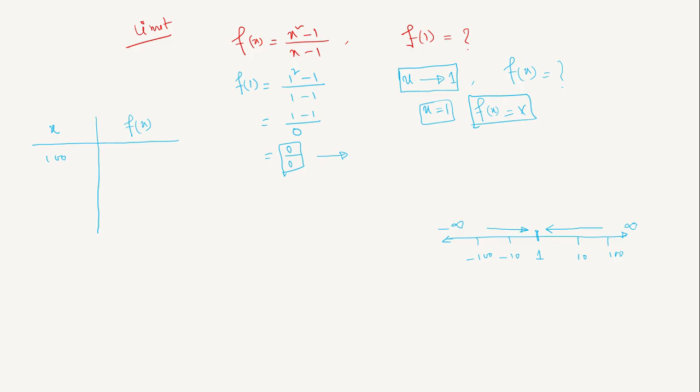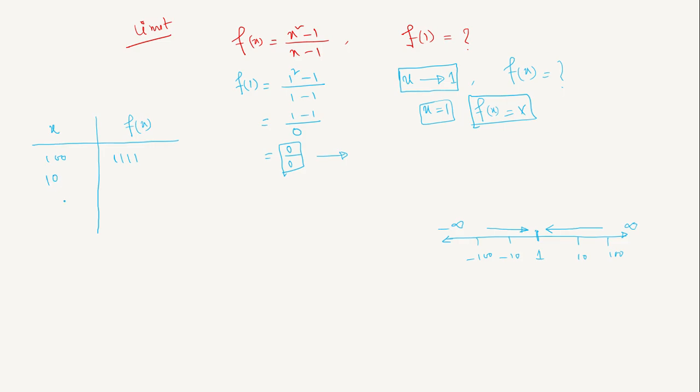If we use a calculator, 100 squared minus 1 over 100 minus 1, we will have 9999 by 99, so 101.